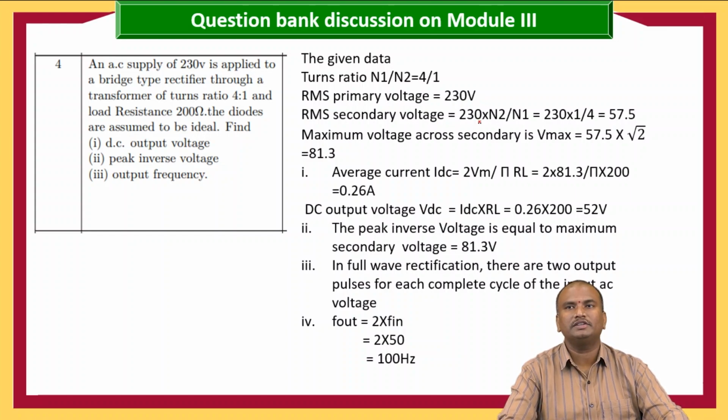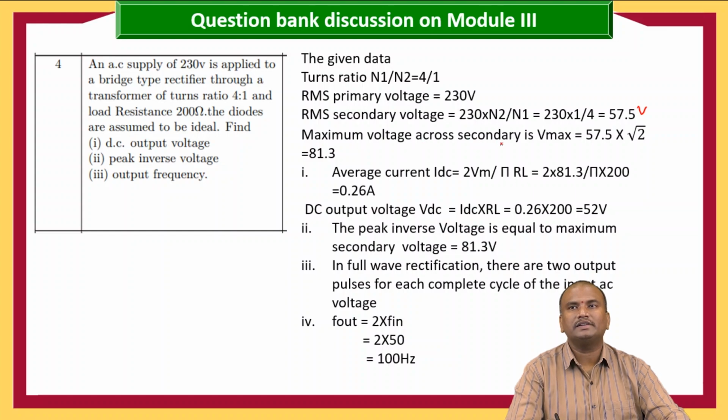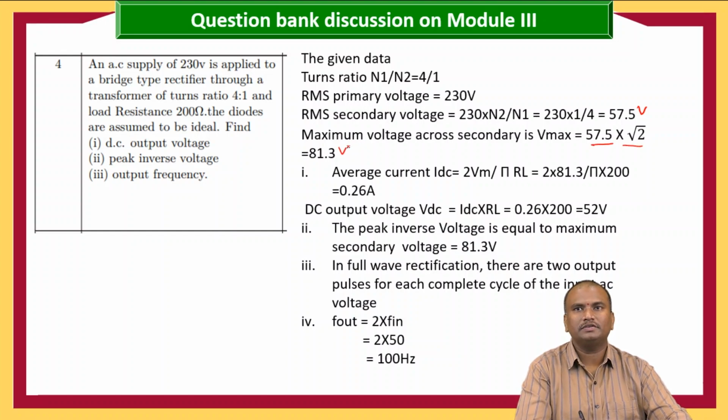RMS secondary voltage is 230 into N2 by N1, that is 230 into 1 by 4, which is 57.5 volts. The maximum voltage across the secondary, Vm, is 57.5 into root 2, which is 81.3 volts.